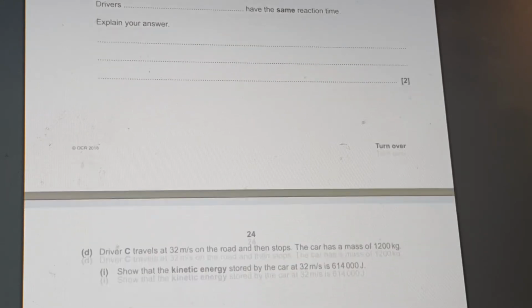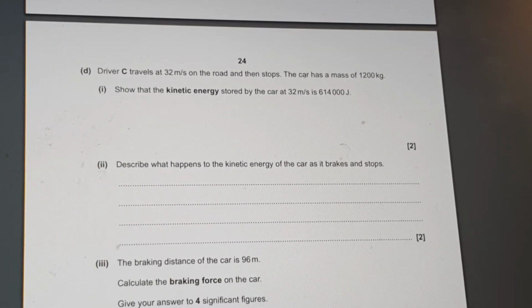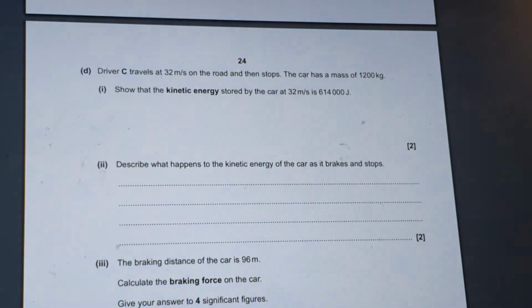Let's have a look at part D. Show that the kinetic energy stored in the car at 32 meters per second is 614,000 joules. So you need to use half mv squared. Kinetic energy is half mv squared. So this is the equation. You substitute m for 1,200, and the speed is 32 squared.